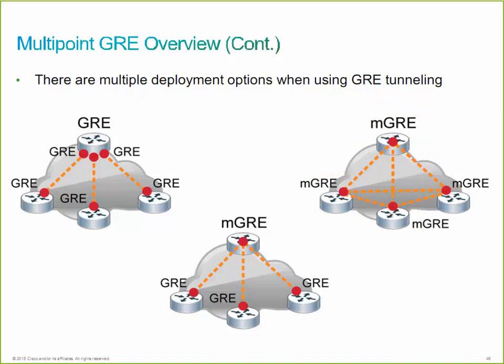Right. But remember, this is all in a common subnet. So NHRP, much like ARP, is sending out messages saying who's on the other side of this subnet, who's running multipoint GRE.